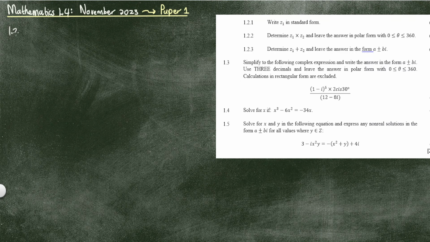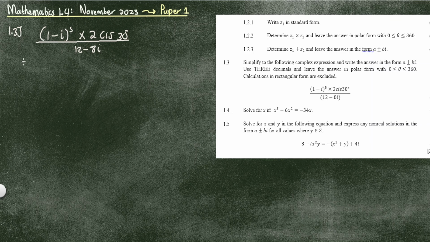We are given an expression to simplify, using 3 decimals and leaving the answer in polar form: 1 minus i raised to exponent 5, multiplied by 2 cis 30 degrees, divided by 12 minus 8i.